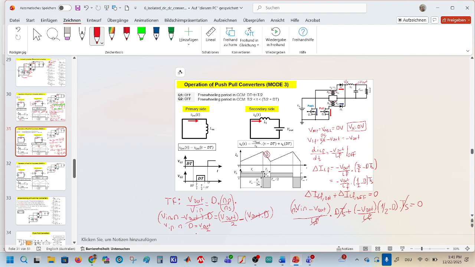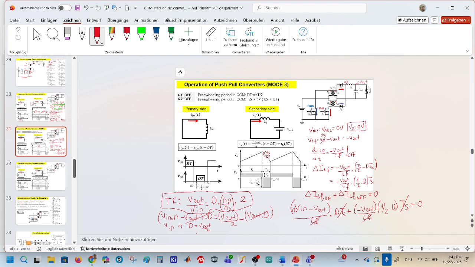Let's say V out divided by V in should be equal to 2 times N times D. Yeah, the transfer function is exactly the same as the buck converter, but we have a gain of 2.